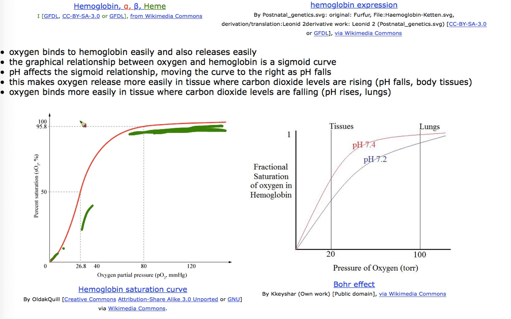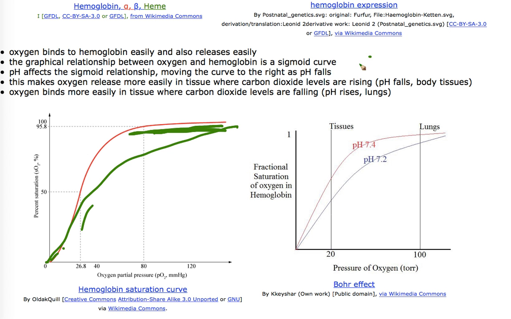pH can affect the position of this curve and the sigmoid relationship. If pH falls, the curve flattens out, and what that means is that oxygen loses the ability to hold hemoglobin. So the higher the curve, the more oxygen the hemoglobin is able to hold, the higher its attraction for oxygen. The lower the pH, the lower hemoglobin's attraction for oxygen.